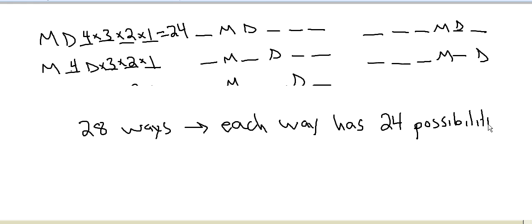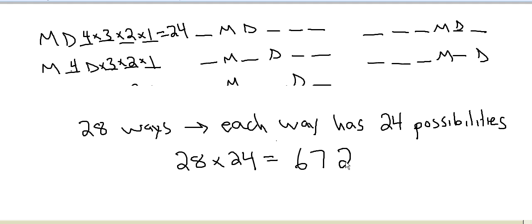Pen is not working so well. So what we do is we take 28 times 24, and we should get 672. Double check. Yep. 672 ways. Alright, that's one way of doing it.